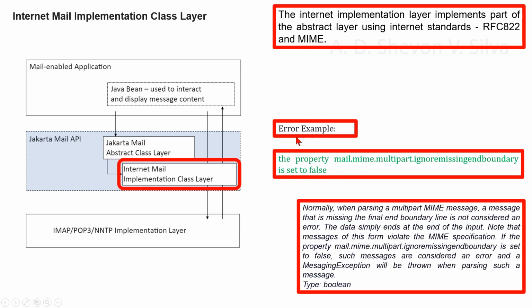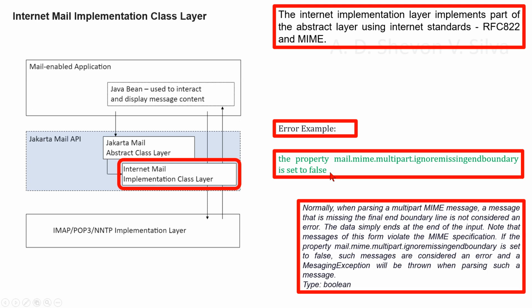As an error example, we can consider this one, the property mail.mime.multipart.ignoremissingendboundary is set to false. Normally, when parsing a multipart MIME message, a message that is missing the final end boundary line is not considered an error. The data simply ends at the end of the input. Note that messages of this form violate the MIME specification.